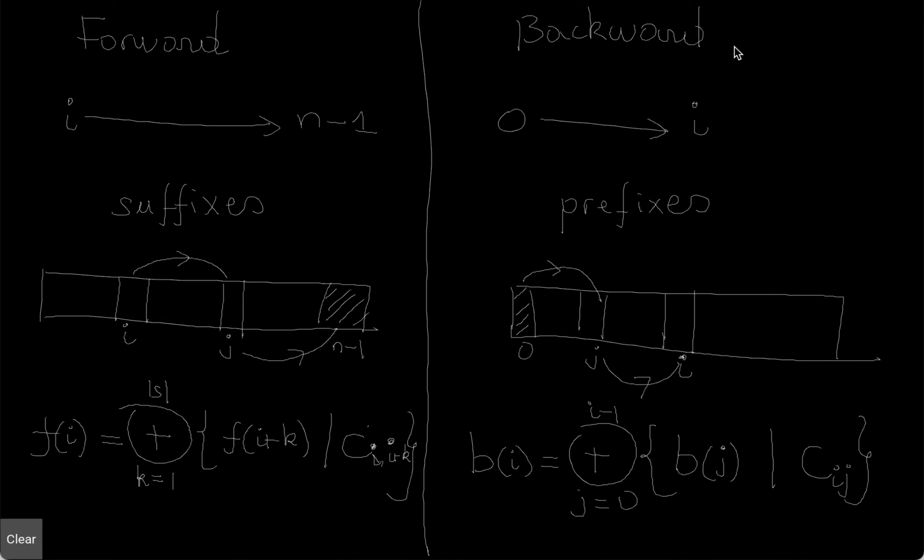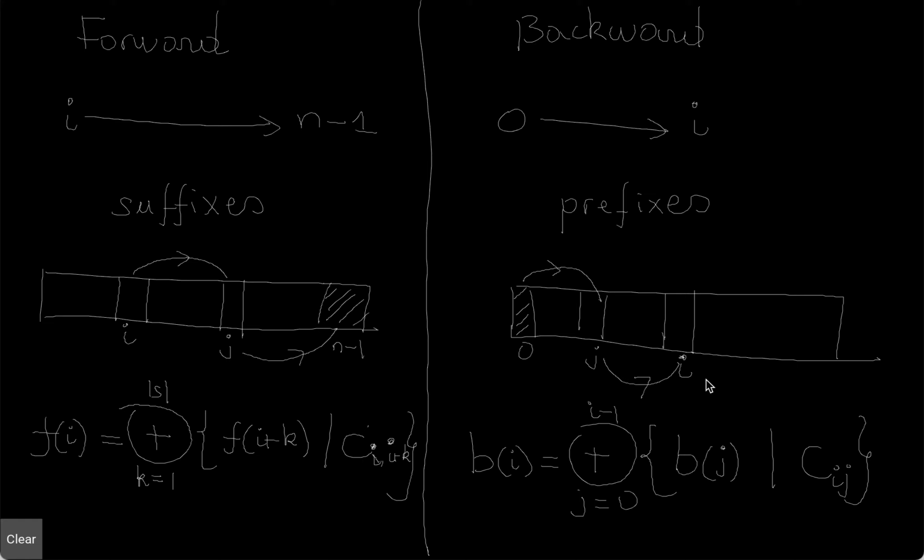Now, the backward way is thinking a little bit differently. Essentially, we're going to be answering the question, can we go from index 0 to index i? And in the end, what we're going to be asking at the end of the problem is, can we go from index 0 to index n-1? For each position i, we're going to be using the information at the prefixes of index i to propagate the information.